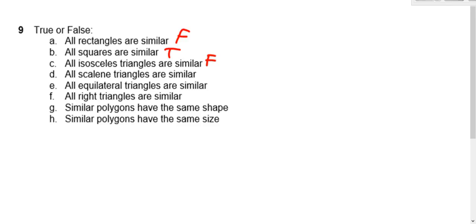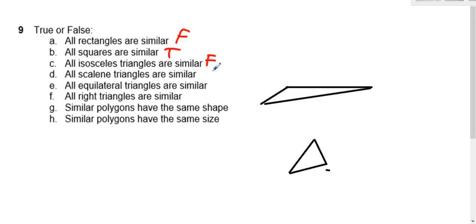Scalene triangles, that could be a lot of different things. You can have an obtuse scalene triangle. Or you could have a scalene triangle like this, which is an acute scalene triangle. They're definitely not similar.